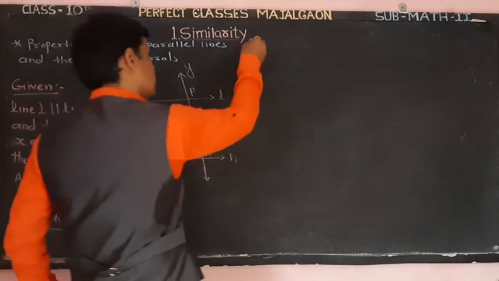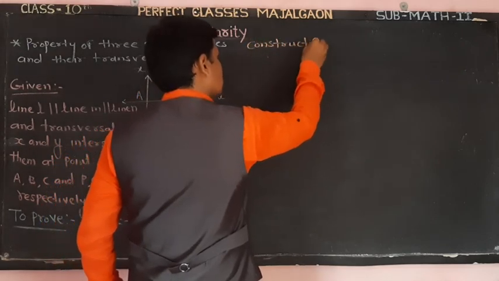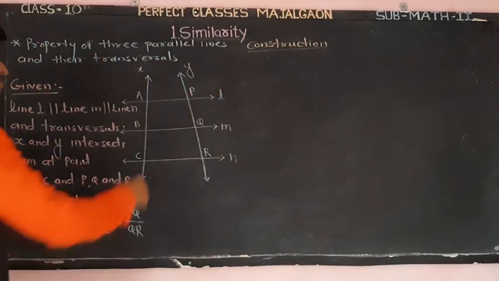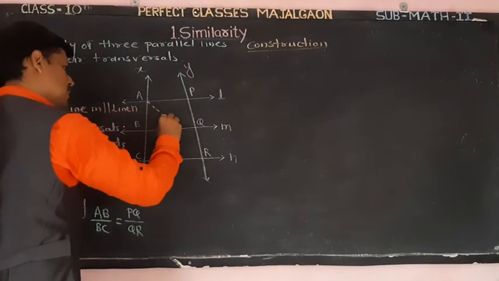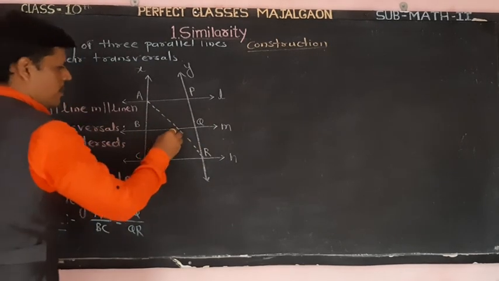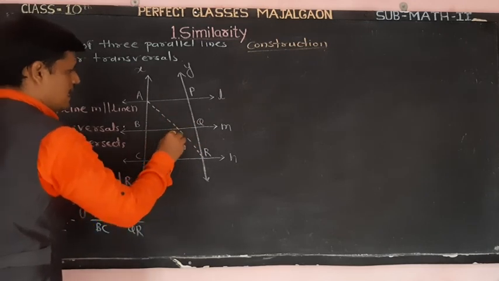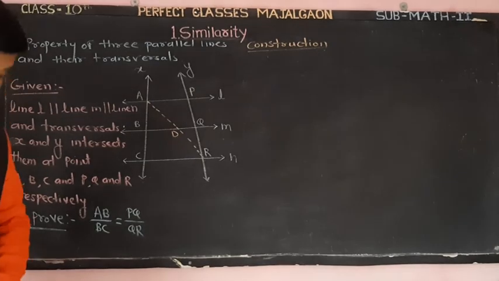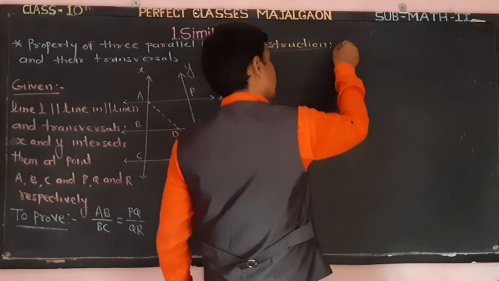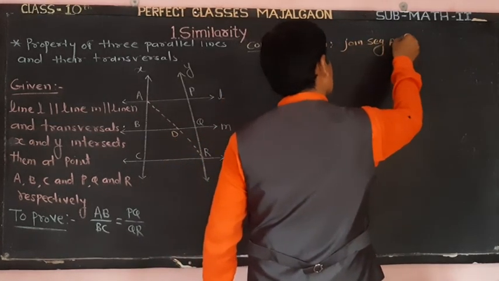Here the construction. What is the construction? We draw AR. Here we draw AR. It intersects line M at a point. We name that D. Therefore, construction: draw or join segment AR.